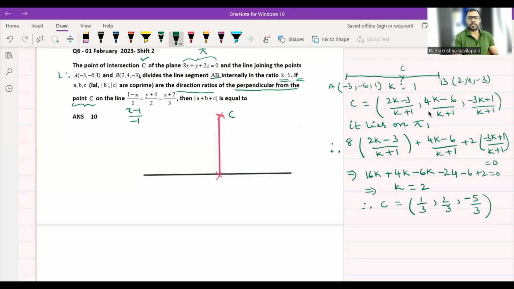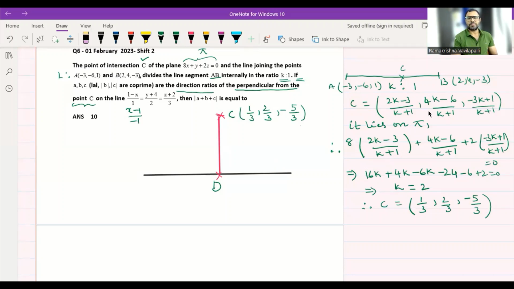So here this is the point C, (1 by 3, 2 by 3, -5 by 3). Just in order to confuse, they have given the ratio here as K is to 1. Suppose the foot of perpendicular from C on the line L is D. So now what is any point on the line?